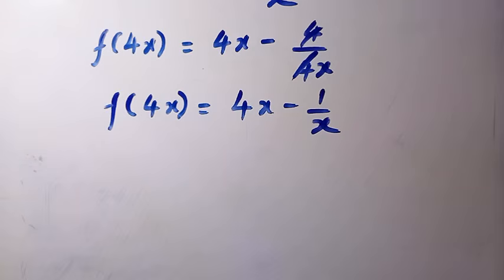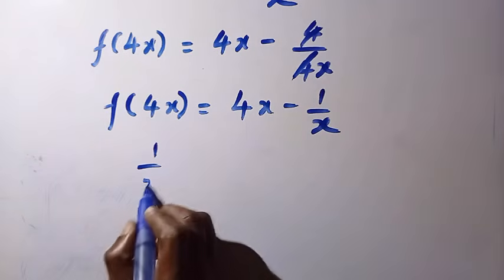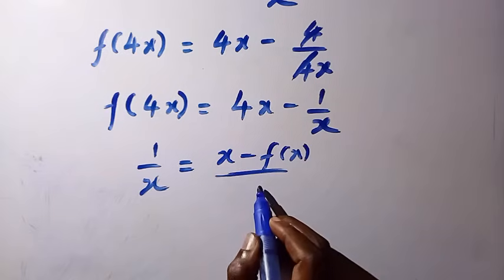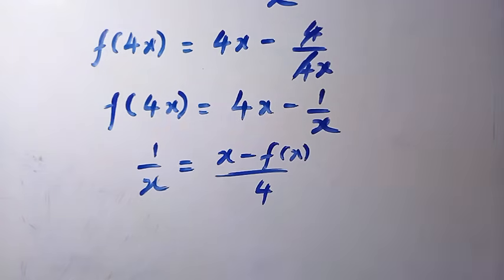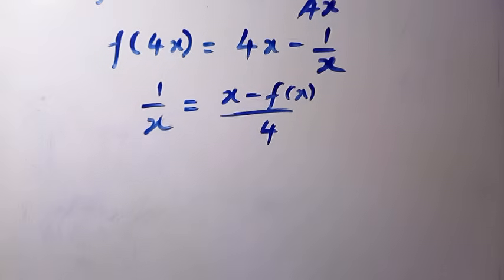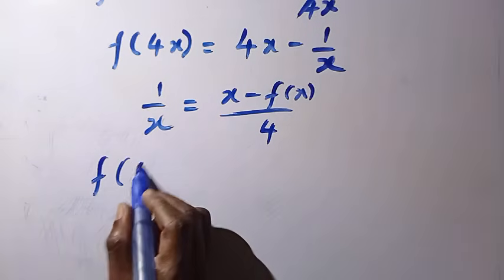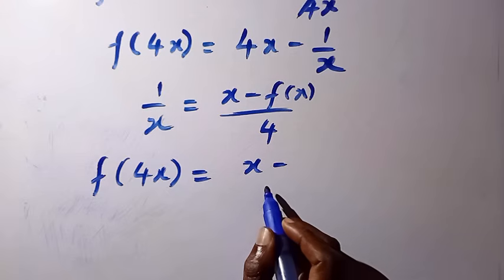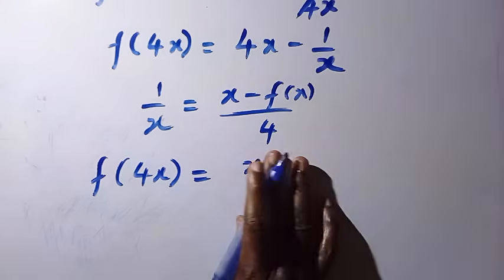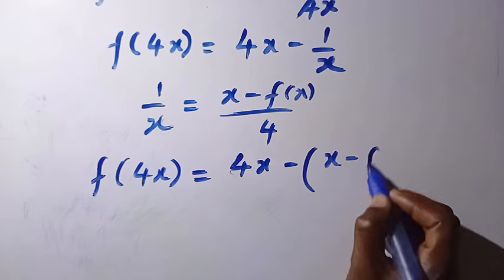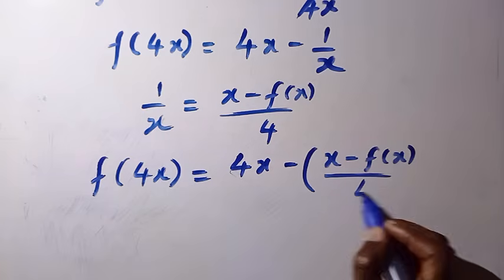And next, since 1 over x is given as x minus f of x divided by 4, we substitute into this, and we are going to have f of 4x equals 4x minus open bracket x minus f of x divided by 4.